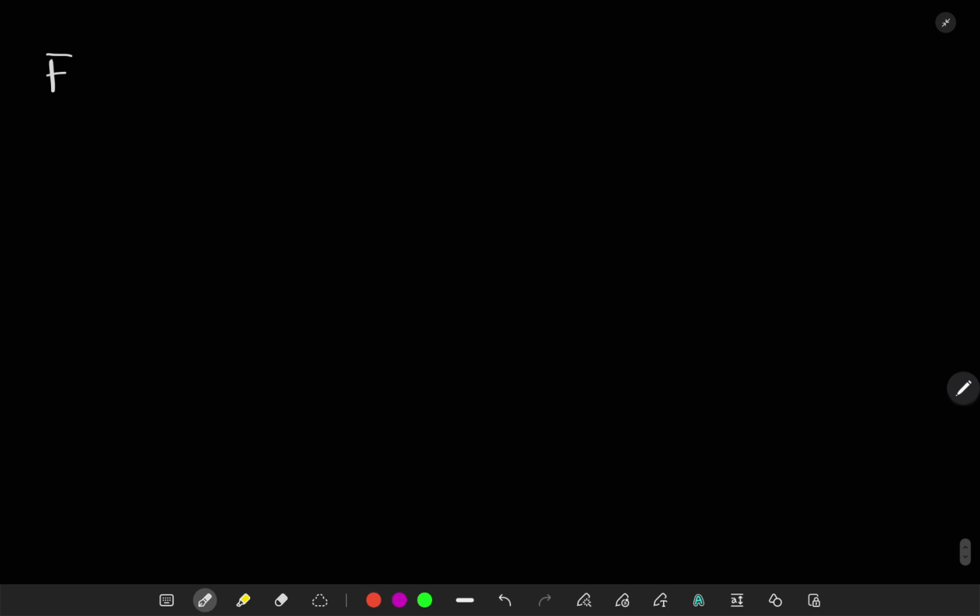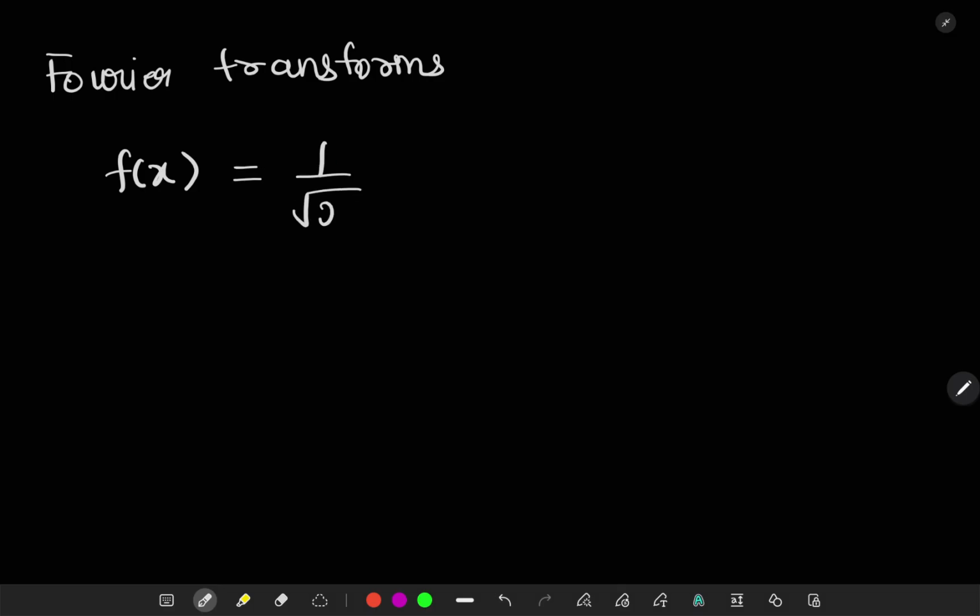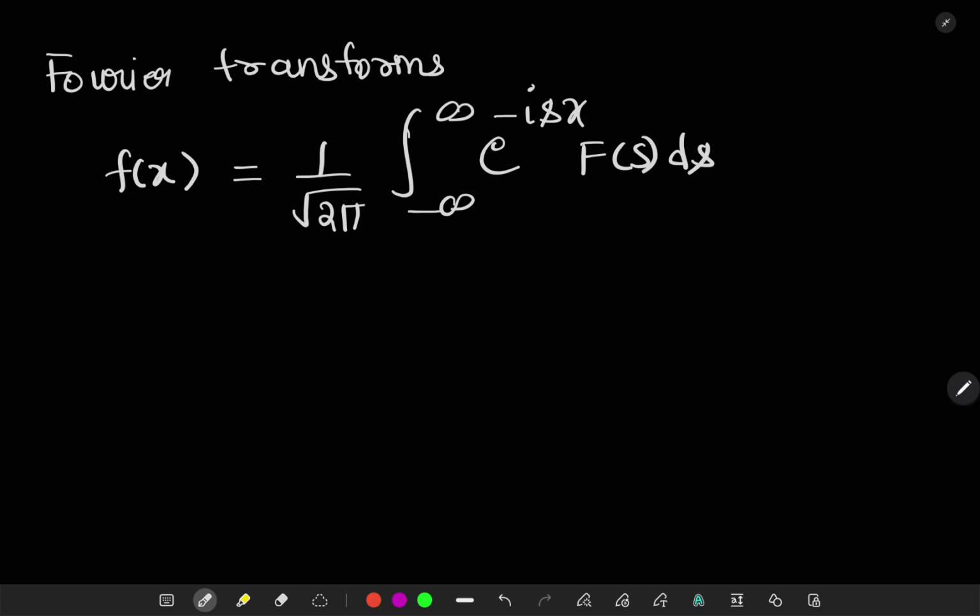Now Fourier transform. f of x equals 1 by root 2 pi integral minus infinity to plus infinity e raised to power minus iota s x f of s ds.